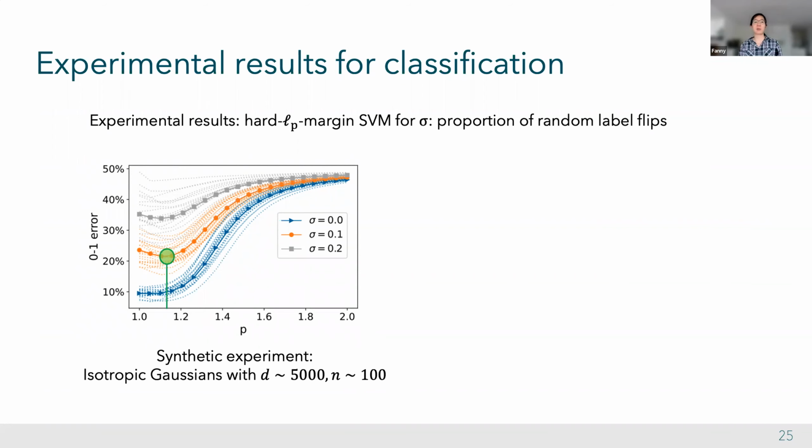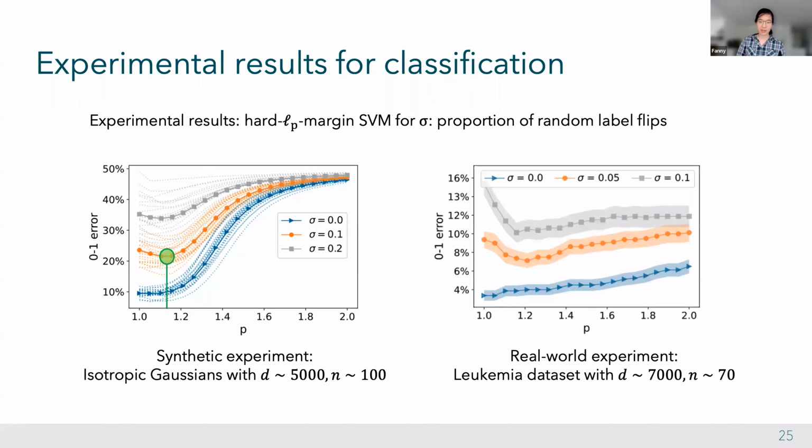Okay, these are synthetic experiments, but we also have real-world experiments on a leukemia data set, which is also highly high-dimensional. And what we did is just using the vanilla data set, you get a very good performance, where the best p is at 1.